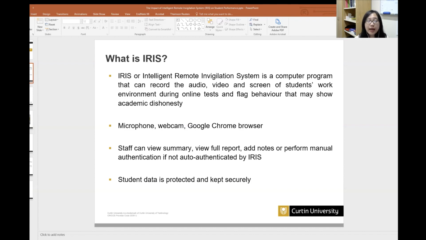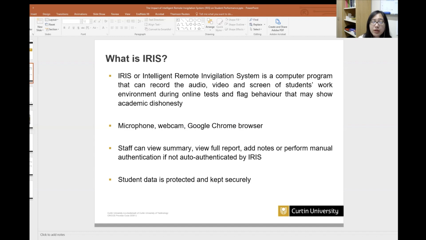Staff members can view a particular invigilated assessment or student record in ARIS. For example, a staff member can view a summary or view the full report to make a decision on breach of academic integrity by a student. The summary and full report are available to download in Excel file or in CSV file. Staff also can add notes to the record.